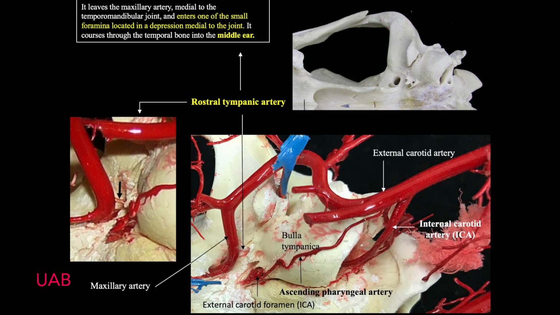Also, we have to include some aspects of the middle and inner ear vessels. Here you see a dog, this is a corrosion cast. There is a rostral tympanic artery here and here. This is a very small branch of the maxillary artery that enters one of the small foramina located in a depression medial to the joint.